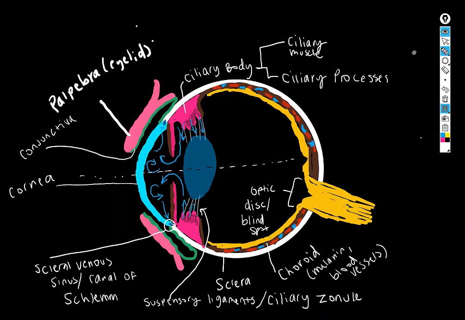And it's relatively low in rod cells. And it's also the densest area of photoreceptors. So it's your area of highest visual acuity. And that is called your Fovea Centralis. So the Fovea Centralis is the name for the divot.